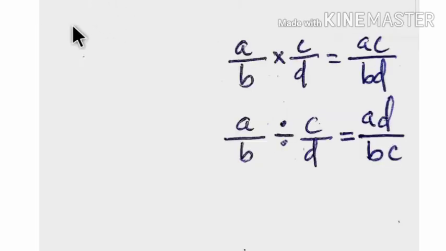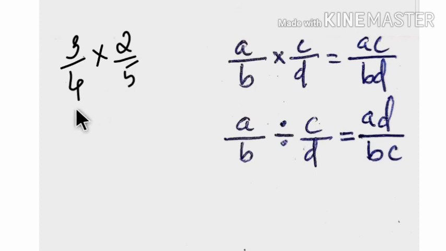Now let's do some examples for multiplication: 3 by 4 into 2 by 5. Here ac means numerator of first into numerator of second, that is 3 into 2, divided by bd, which means denominator of first into denominator of second, that is 4 into 5.